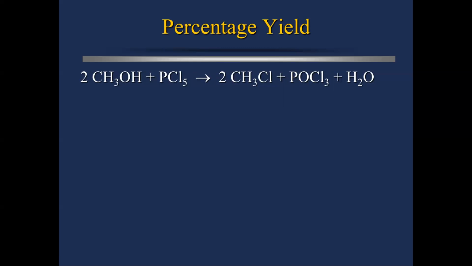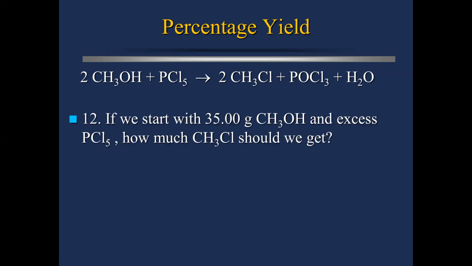And so now from this slide, we talk about the last part of this chapter, the percentage yield. Let's take a look at this equation, question 12 in your in-class practice. If we start with 30 grams of methanol and an excess of PCl5, how much CH3Cl should we get?